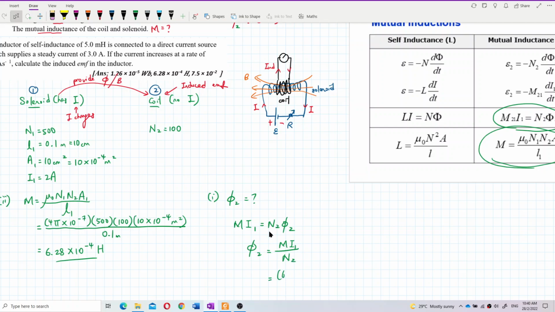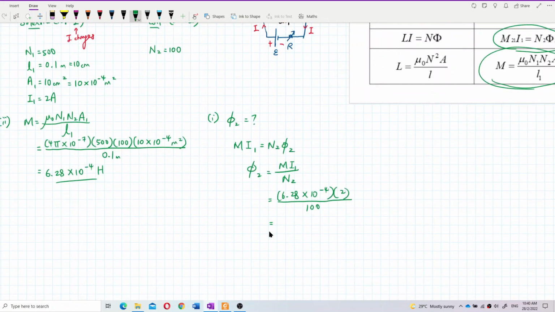So 6.28 times 10 exponent negative 4, current I1 is 2 ampere, and the number of turns for coil 2 is 100. So what is the magnetic flux for coil 2? Let's calculate.